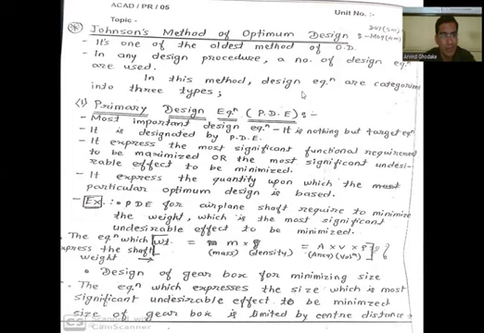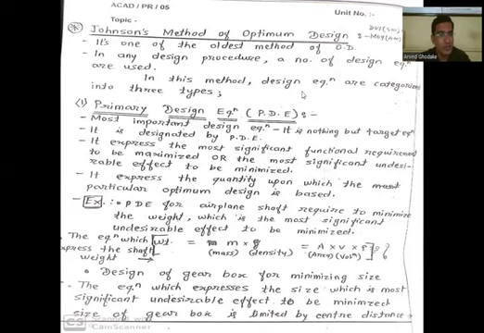For example, the primary design equation for an airplane shaft requires minimizing the weight, which is the most significant undesirable effect to be minimized. Therefore, the equation which expresses the shaft weight is Wt equals mass into density, equals area into length into density.